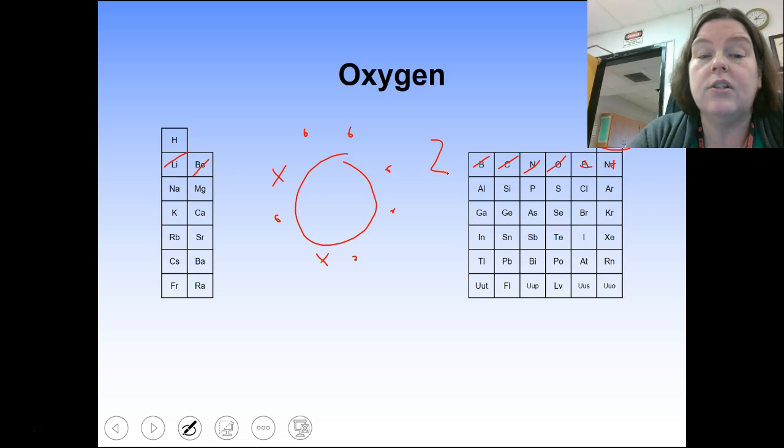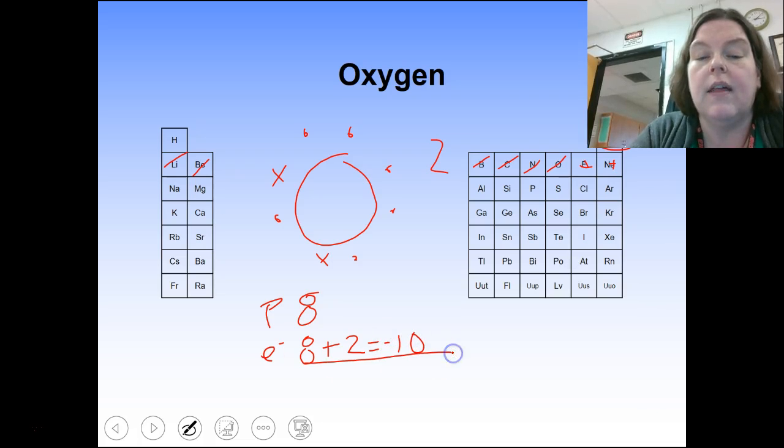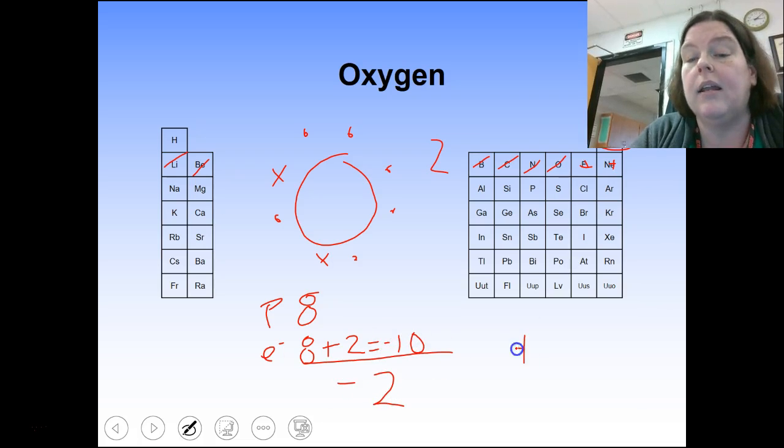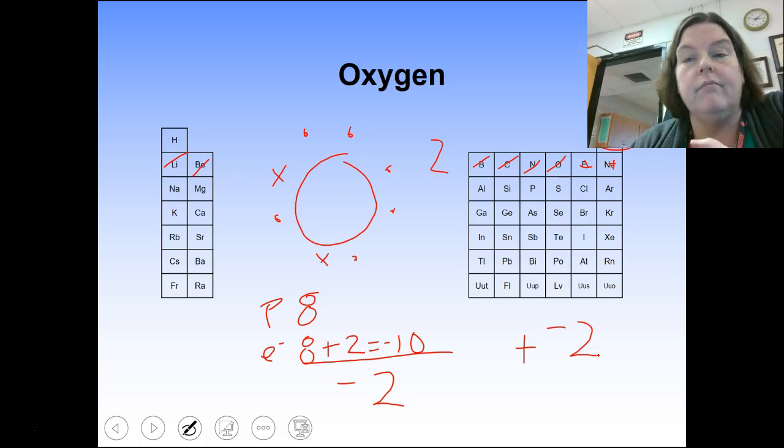And that means oxygen, who had 8 protons, he had 8 electrons because he was neutral, but he gained 2. So now he has 10 electrons for a total of 10 minus. That means a 2 minus. Well, we added 2 minus charges, negative 2, okay?